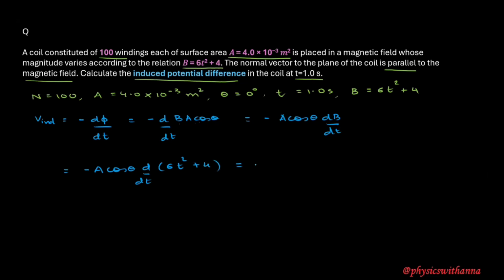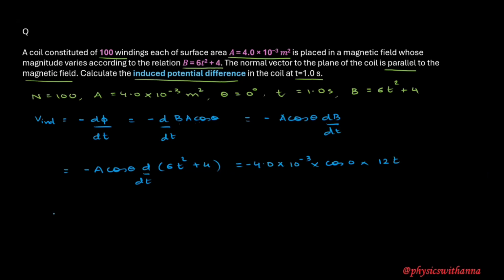Then we can substitute for A. Area will be the area of the coil, which is 4 times 10 to the power negative 3 into cosine 0. Derivative of 6t squared will be 12t. Derivative of 4, which is a constant without t, will be 0.